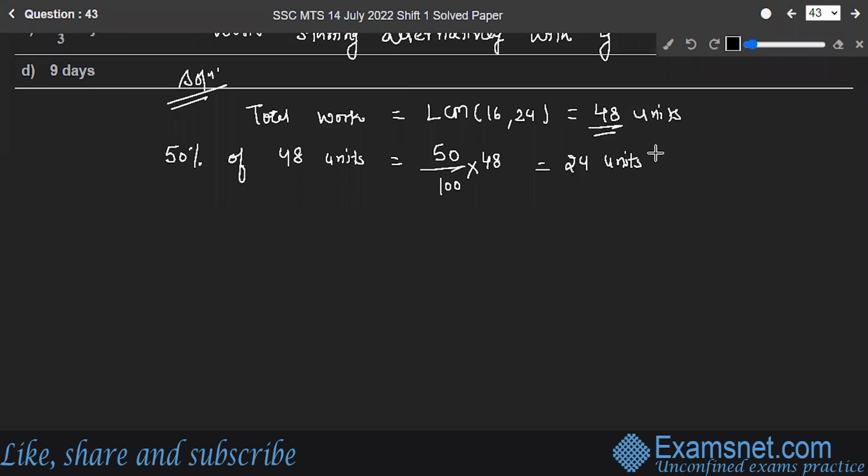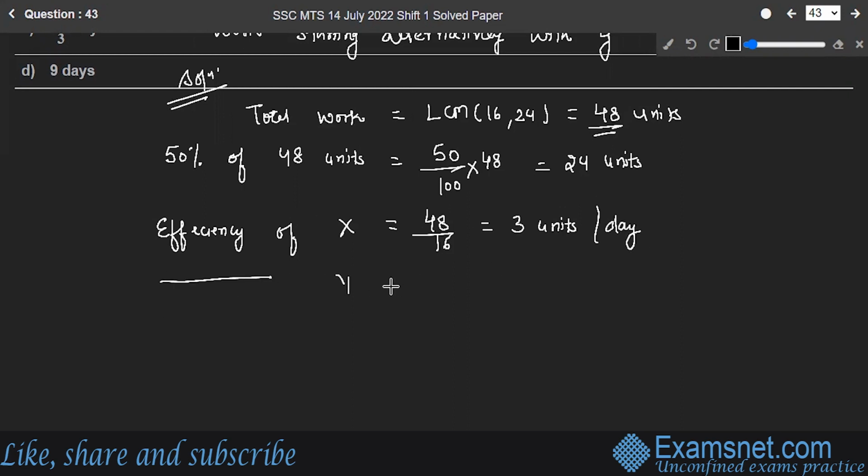Now, what is the efficiency of X? Efficiency of X is total work upon 16, that is equal to 3 units per day. Similarly, efficiency of Y is 48 upon 24, that is equal to 2 units per day.